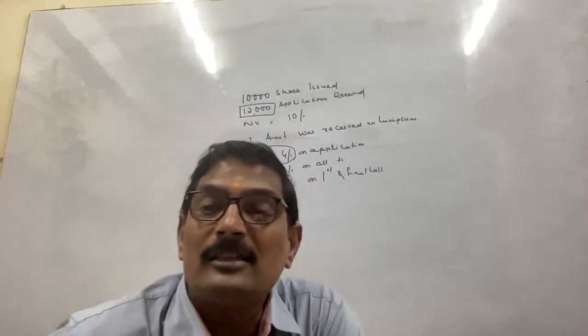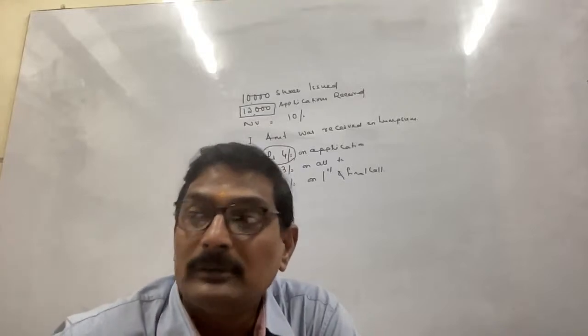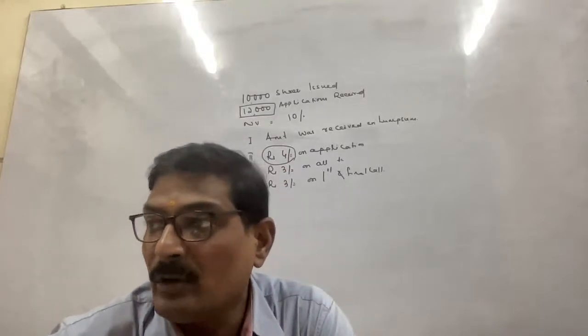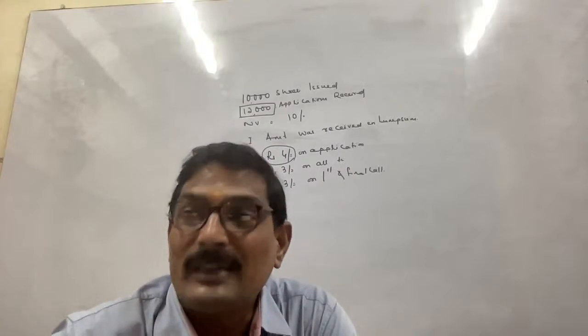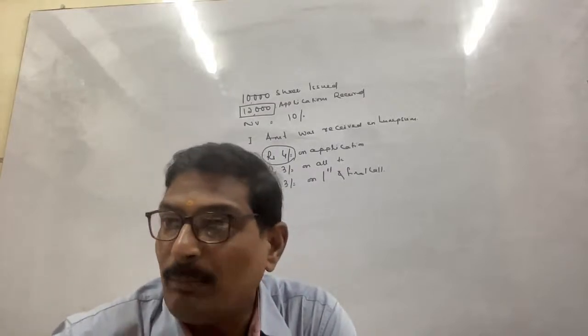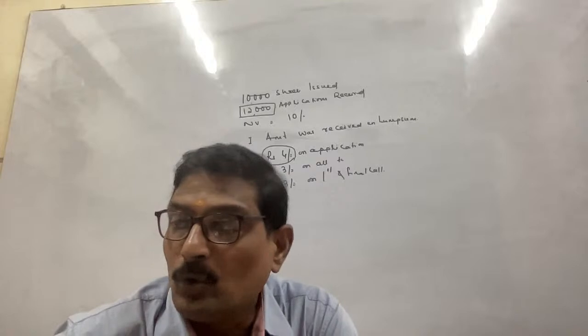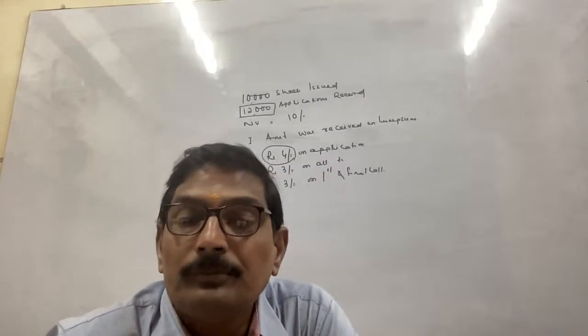Since here we are receiving the entire money in one go, the first entry will be bank account debited to share application and allotment, 12,000 into 4.